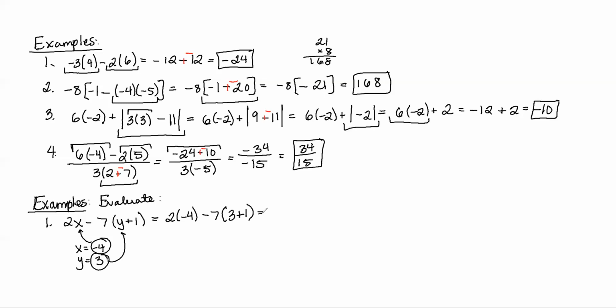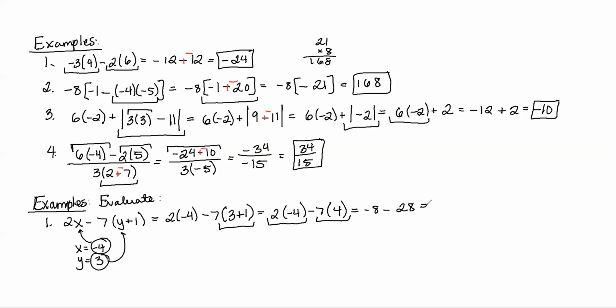First thing I'll do here is simplify the group, and I'll leave everything else the same. So 2 times -4 minus 7 parentheses 3 plus 1 is 4. Two sets of multiplication, I'll just do them at the same time. 2 times -4 is -8, minus 7 times 4 is 28.